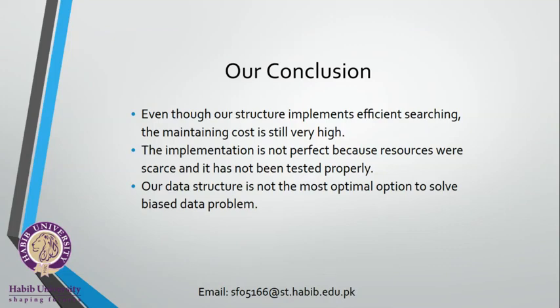Our implementation is definitely not perfect because we could not find many resources on it, and it wasn't even tested properly. So it can be improved a lot, and we still think that it's not going to be the most optimal solution for biased data problems, but it does its job better than a normal skip list.